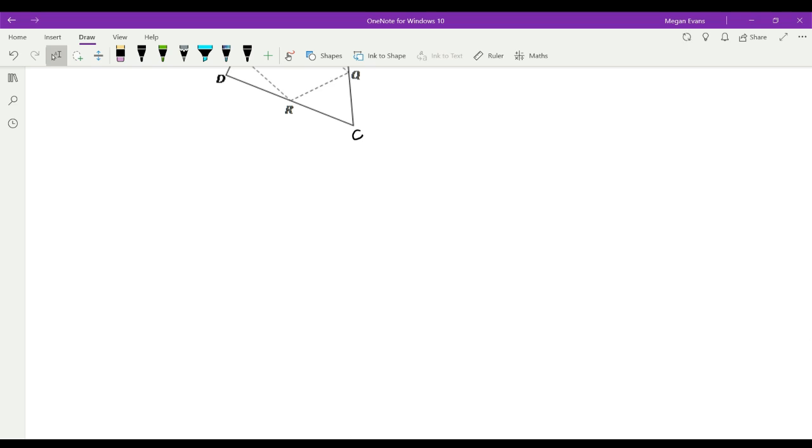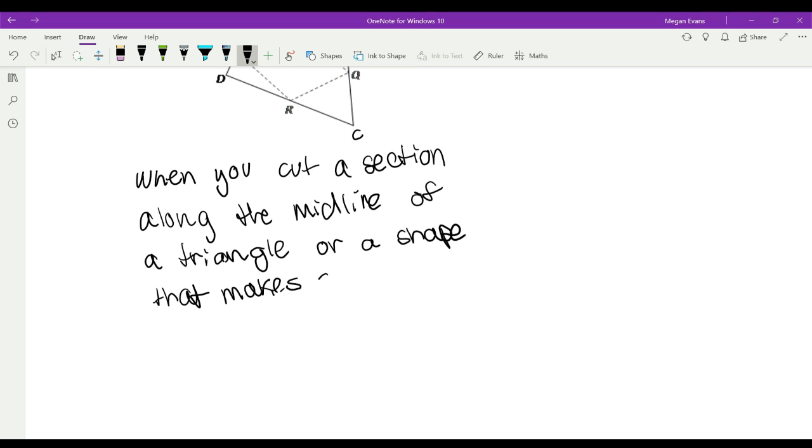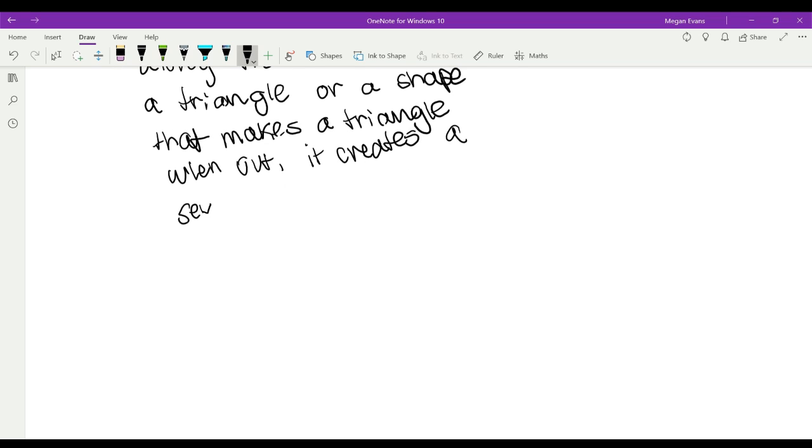So the midline theorem states that when you cut, let's write this down, when you cut a section along the midline of a triangle or a shape, in this case we're using a quadrilateral, that makes a triangle, when cut, it creates a segment that is parallel to the base and half as long.